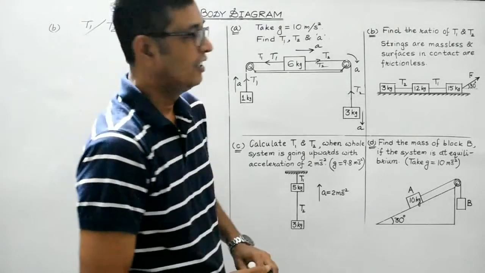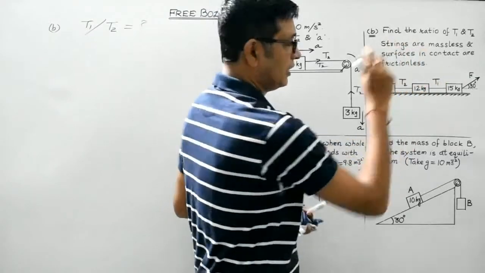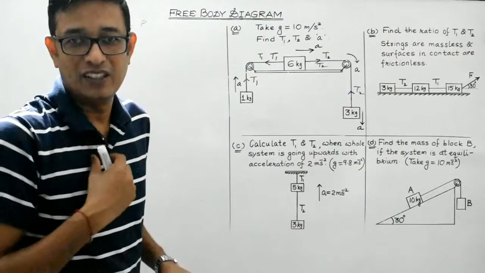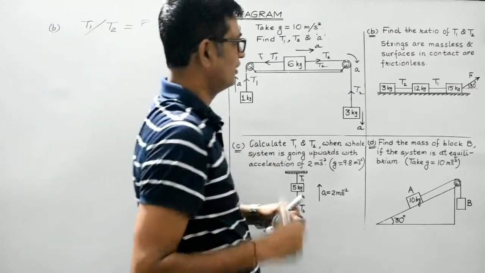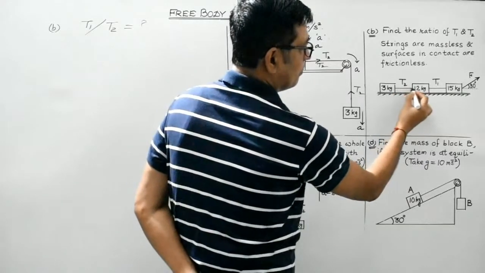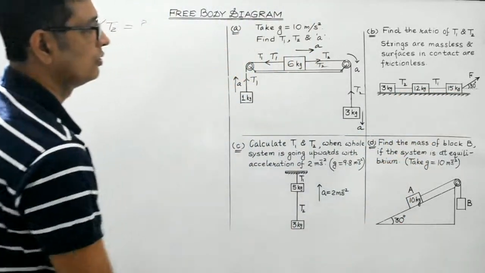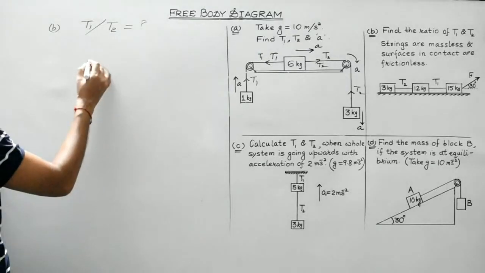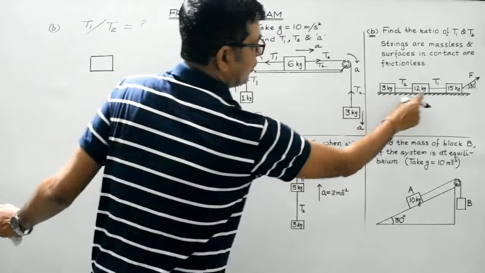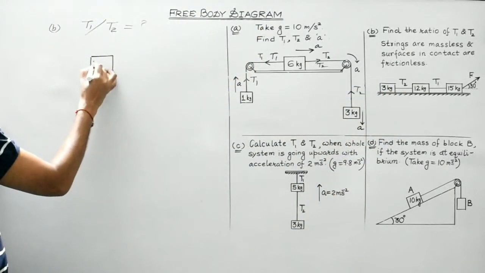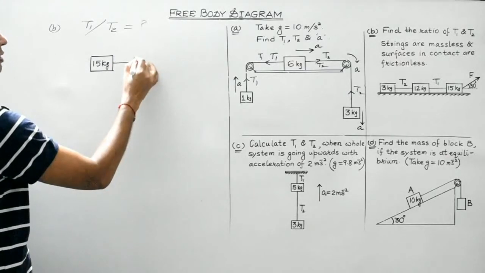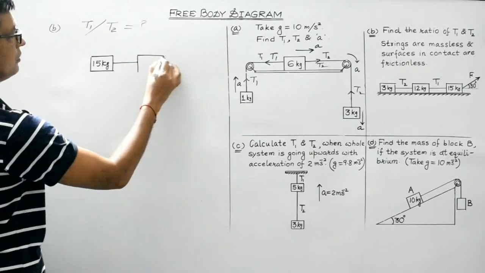Clear, students? So the first step is to draw the free body diagram, but you can make use of your common sense as well. Let's make use of some shortcut method, right? What we can do is, since this string is massless, the same situation can be redrawn like this. 3 kg and 12 kg will add up to 15 kg, and this is also 15 kg.